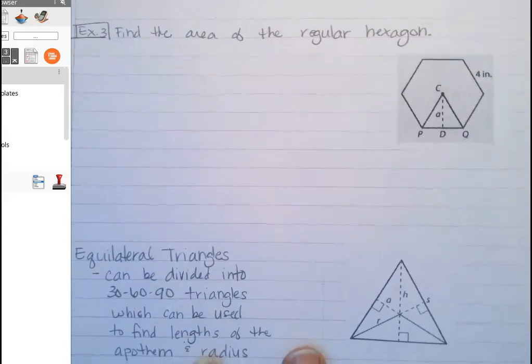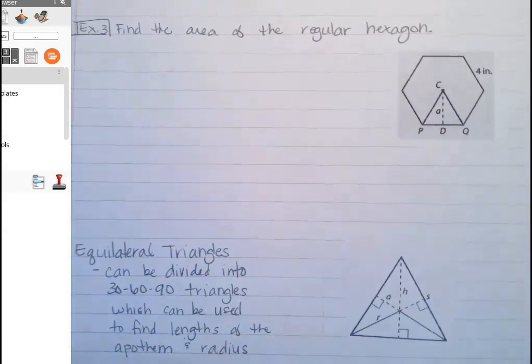Okay, so find the area of the regular hexagon. Let's have you guys do this one. Oh, you don't know what the apothem is. So what do you think? Do you find the perimeter, the 4 inches?